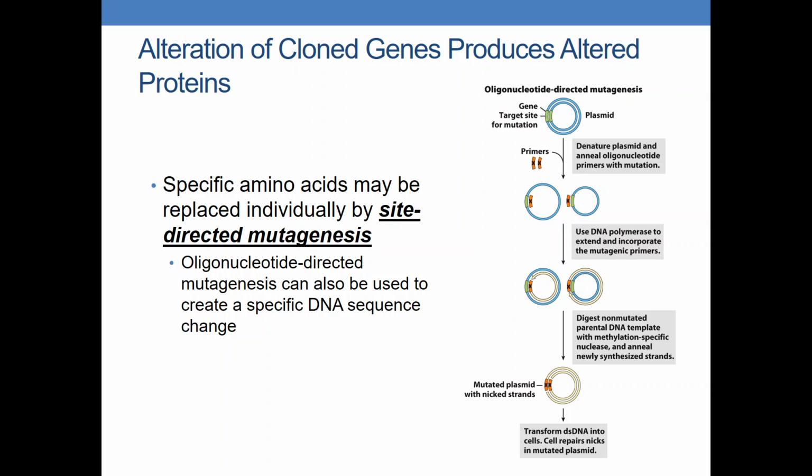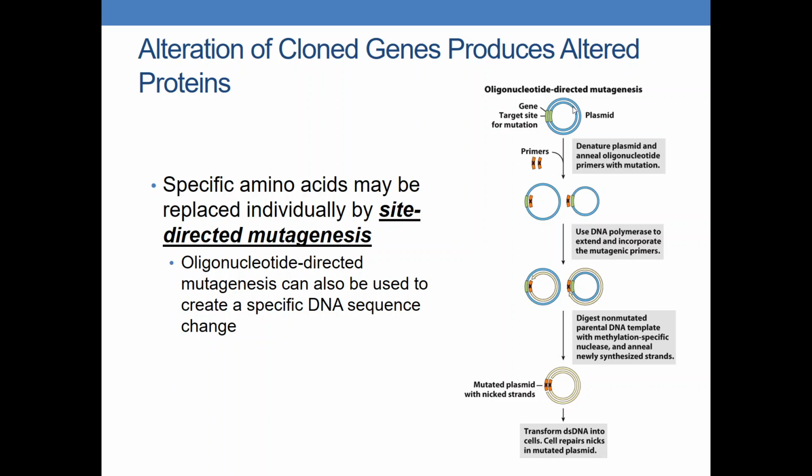So that first method of site-directed mutagenesis is more or less the old school way to go about doing that. There's a more straightforward and really faster approach that is more commonly utilized now that builds upon polymerase chain reaction. So here we have our plasmid, and it is a double-strand plasmid.